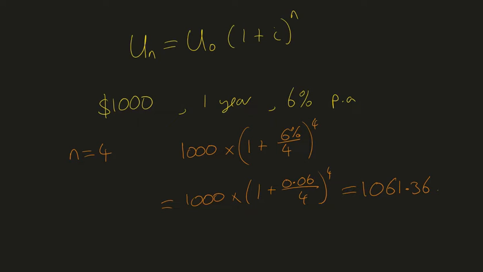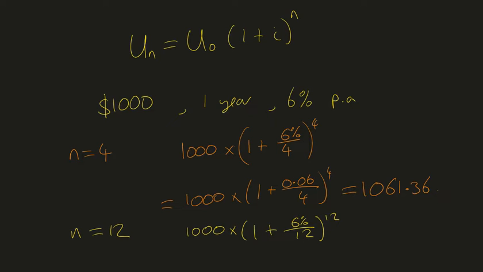Now let's go back again. What if, rather than per quarter, we compounded per month? So in this year-long period, we would be compounding the interest 12 times, recalculating every month what the new interest would be, adding on and so on through the 12 months. Well, we would have 1,000 multiplied by 1 plus that 6% over 12 to the power of 12.